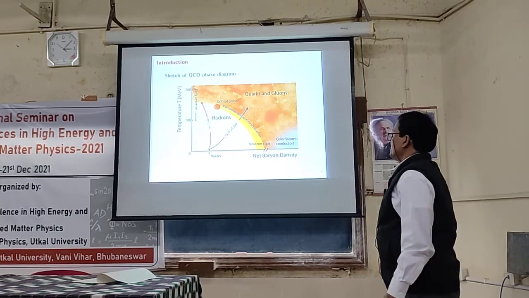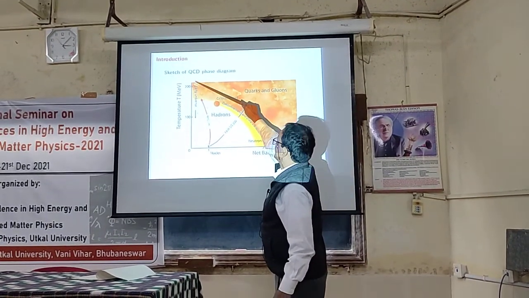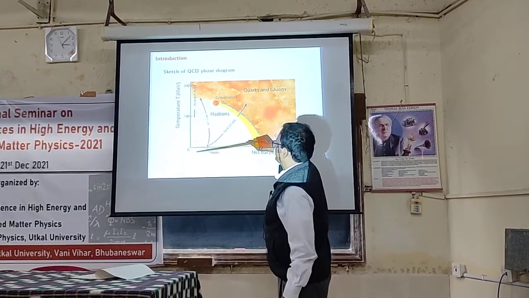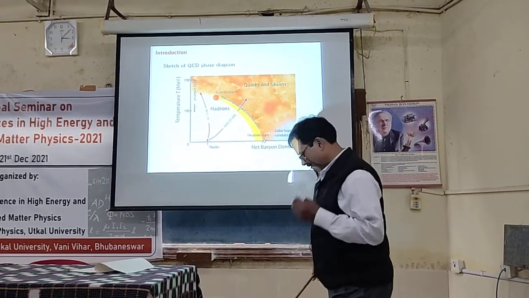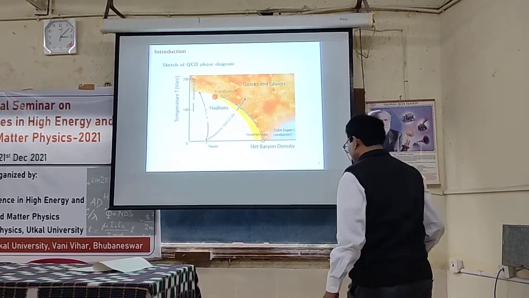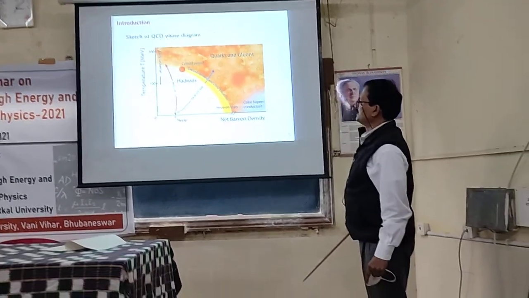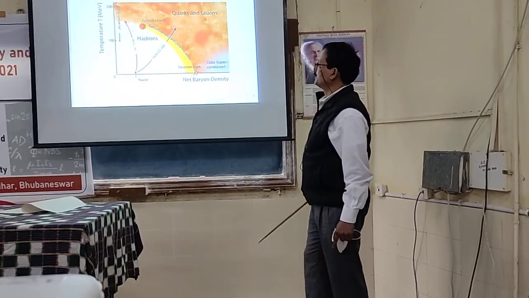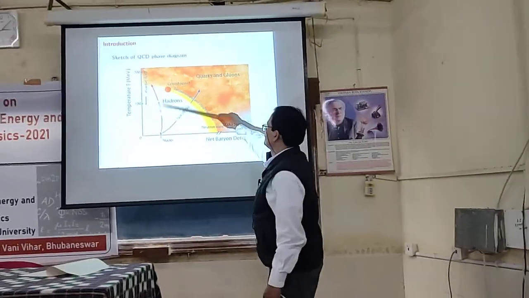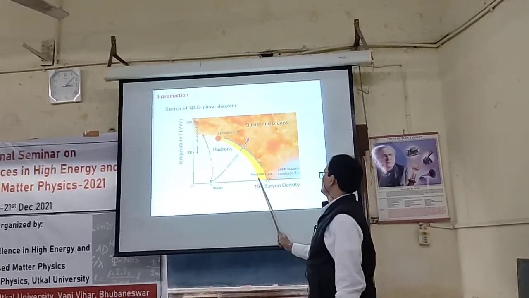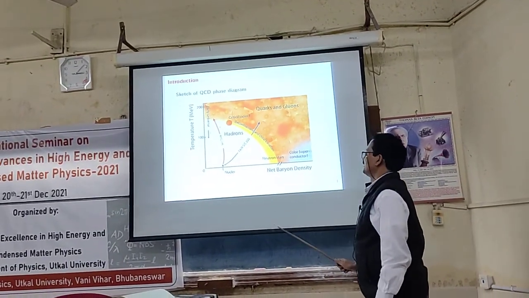And zero baryon density is also experimentally accessible, and it was explored in the heavy ion collision experiments. I think Vedanta will talk tomorrow. And so this was a crossover transition, and many models said this is a first order transition.